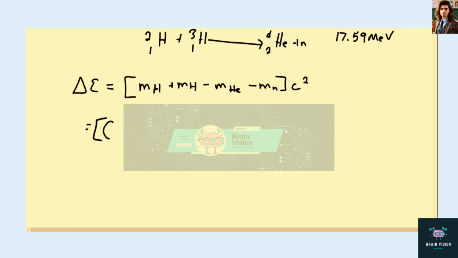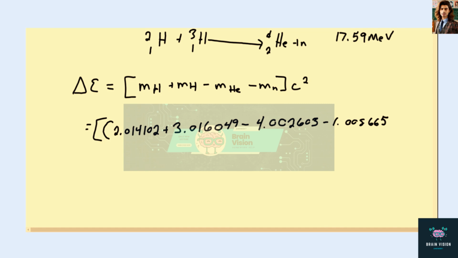Now we're going to do their atomic masses: 2.014102 plus 3.01604 minus 4.00263 minus 1.0086665 times C squared.